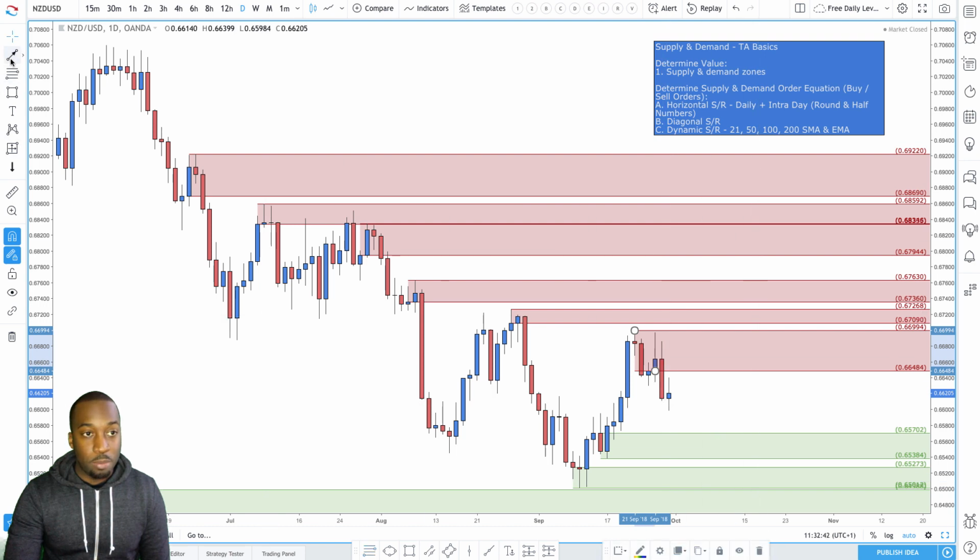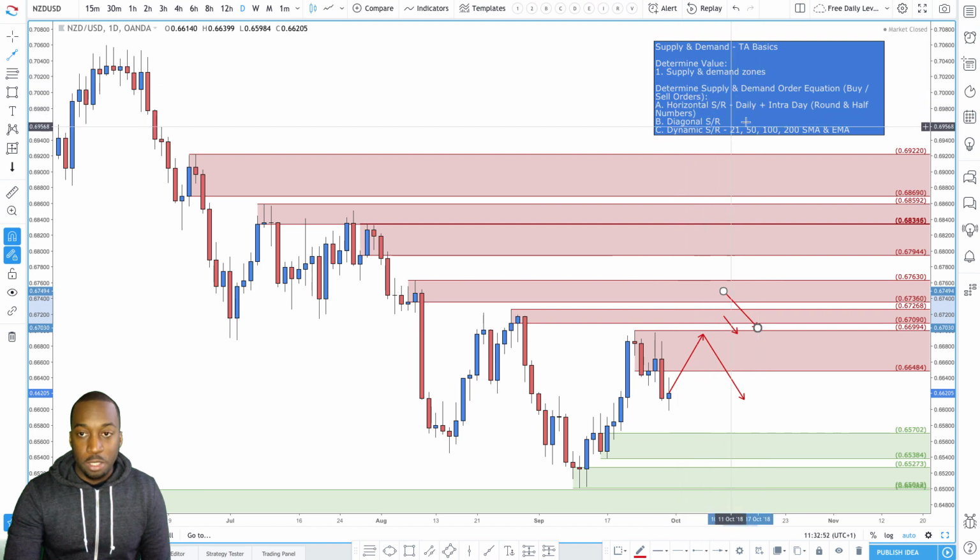If you do get prices come back up into this zone, this would be the first area to look to get short, and then there's your second and third. And again, don't forget to apply the supply and demand order equation for each level and trade that you take. And if prices do come back down here, if you want to be a buyer of the New Zealand dollar, this is where you'd be looking to get long.